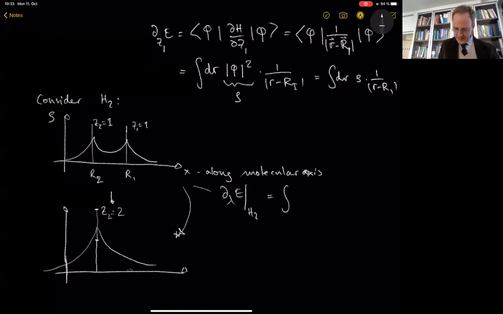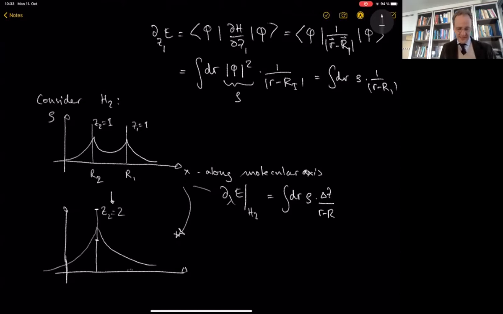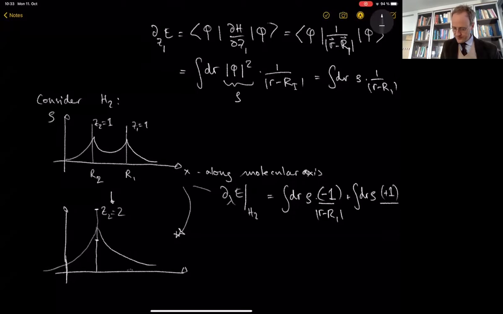There's the dr rho times delta z equals 1, right? R minus R. And now at 1, I'm going down with my nuclear charge. So for the atom 1, this should be just -1, right? And then we have the derivative for the other atom, which is +1, okay?